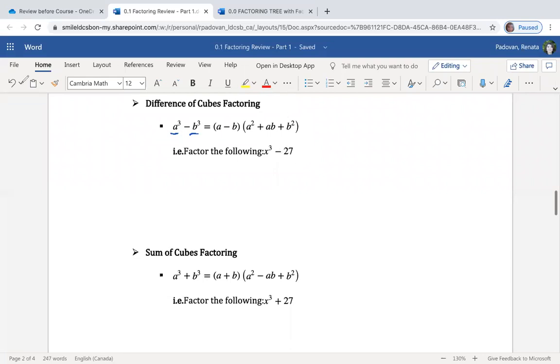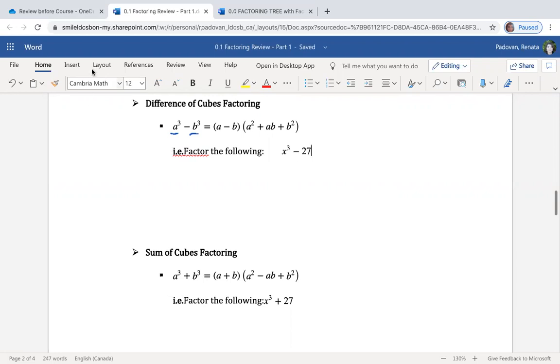So for example, x cubed minus 27. And hopefully after a while, you'll get to know some numbers that you can take the cube root of. But if you're wondering, if you see an x cubed here and you're not sure about this number, and you see that it's 2 terms and that you have a negative sign, it's kind of giving you an alert here that it may be a difference of cubes, right?